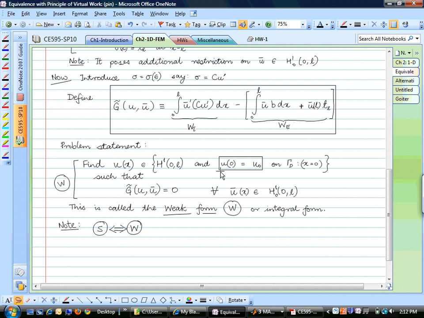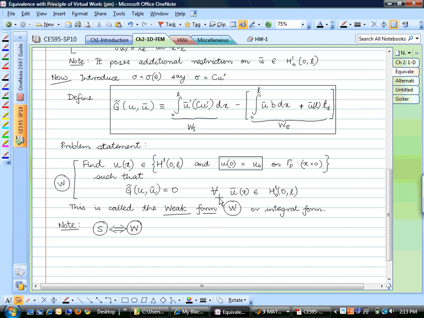And further, we are going to restrict that the real displacement must follow the essential boundary conditions. So this is the essential boundary condition at x equal to 0. So find a function u that is H1, meaning first derivative square integrable, that also satisfies the essential boundary condition, such that this functional is 0 for all u bar.